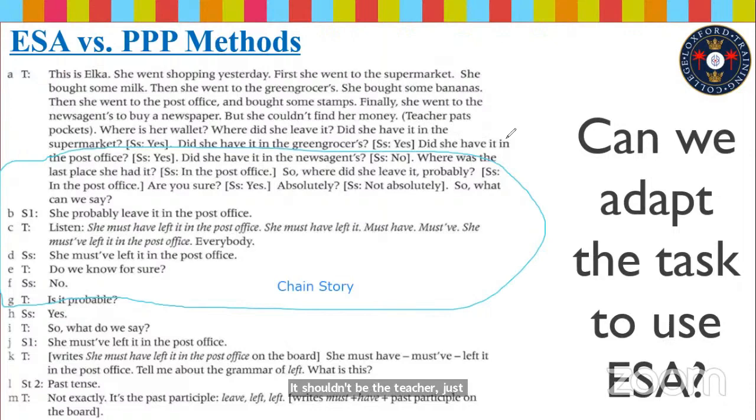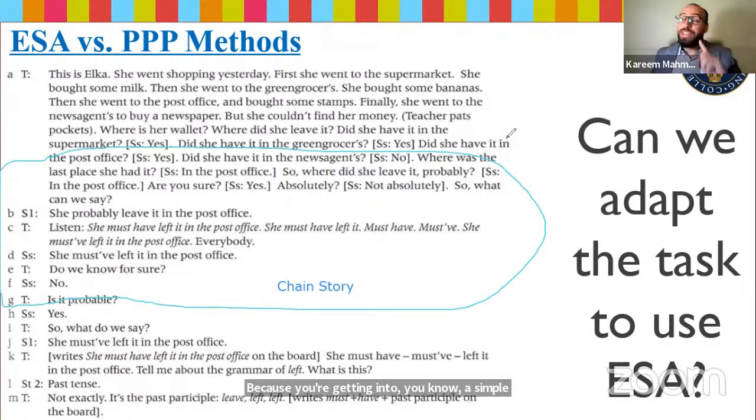Because you're getting into a simple form of problem-based learning and storytelling. And those are skills that students need to learn. And they are indirectly learning vocabulary or using vocabulary and also using grammar. So it's very practical.